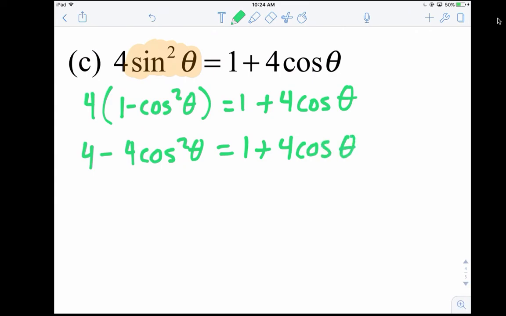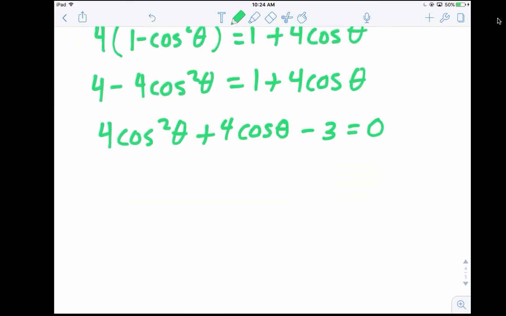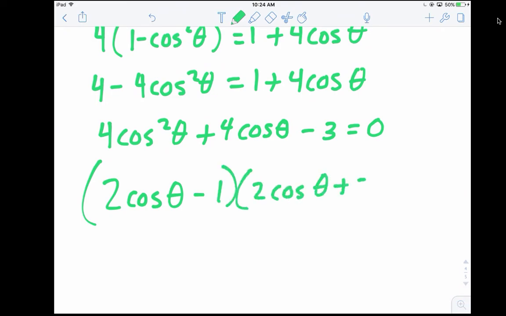Okay, put everything on one side, so you got 4 cosine squared plus 4 cosine minus 3 is equal to 0. Again, you can factor here. If you factor that, you have 2 cosine of theta minus 1, and then 2 cosine of theta plus 3.